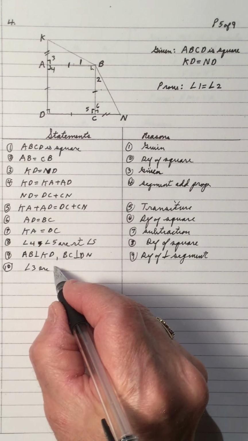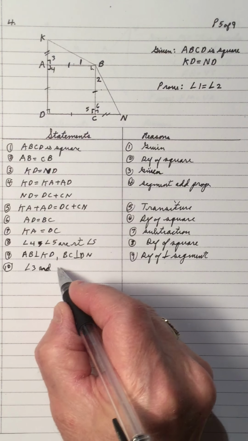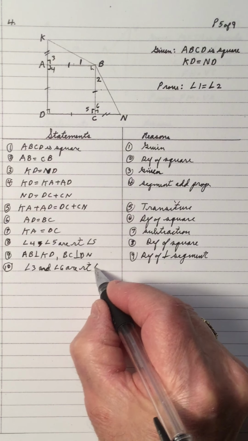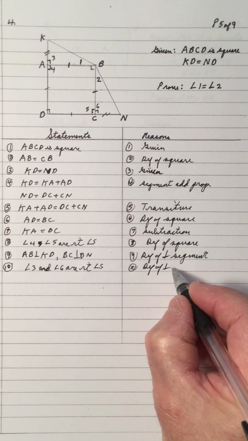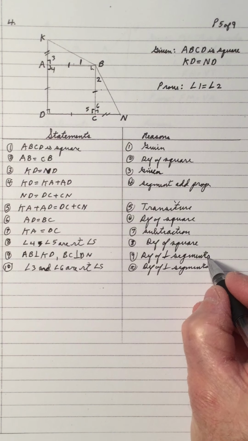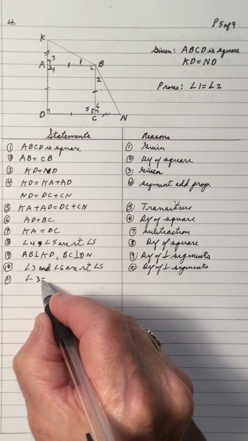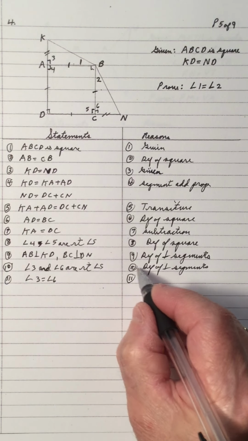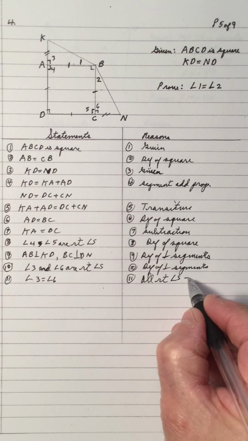That means that 3 and 6 are right angles, by the definition of perpendicular segments. And hence, we have angle 3 is equal to angle 6 because all right angles are equal.